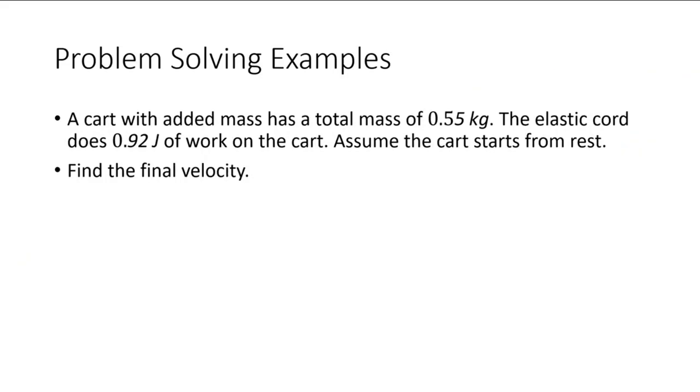Okay? How about for this problem? A cart with an added mass has a total mass of 0.55 kilograms. The elastic cord does 0.92 joules of work on the cart, and we have to assume that the cart starts from rest. We're going to find the final velocity of the cart. So before we plug in the values, we have to derive the equation first. Okay? So again, net work is equal to the change in your kinetic energy.